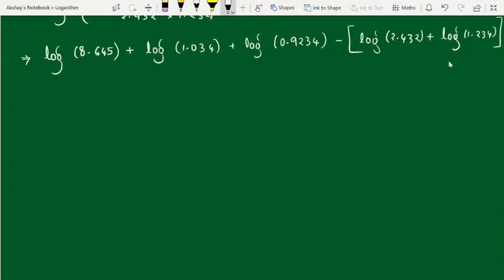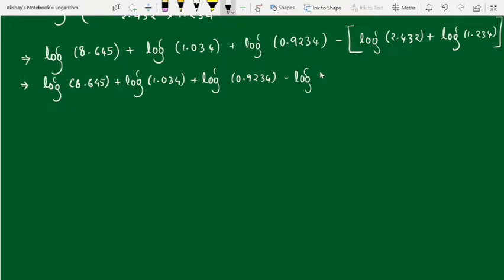Now just open this bracket. So log of 8.645 plus log of 1.034 plus log of 0.9234 minus log of 2.432, minus into plus will be minus, minus log of 1.234.